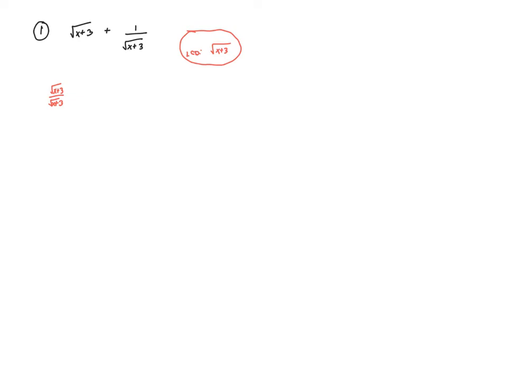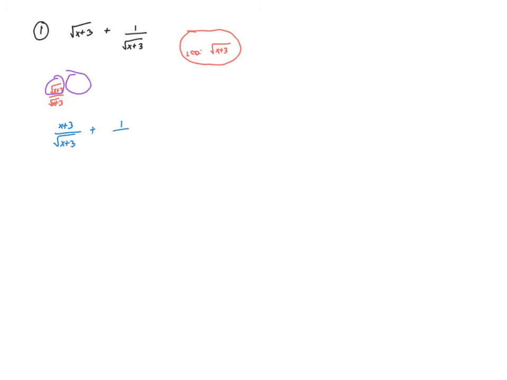So therefore, multiply the first fraction by the square root of x plus 3 divided by the square root of x plus 3. Remember that the square root of x plus 3 times the square root of x plus 3 is just equal to x plus 3. So when we multiply, we get x plus 3 divided by root x plus 3.